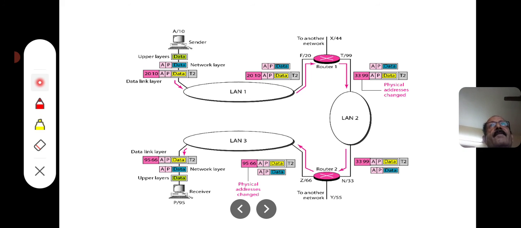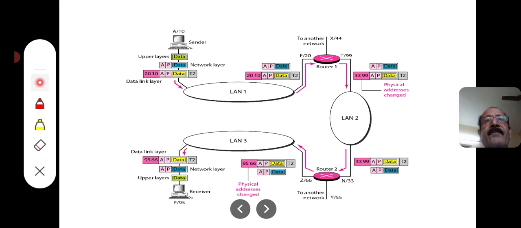Suppose a receiver sends something, some information. In all the things, what we have to change is the physical addresses. We have to interchange. Source address becomes destination, destination becomes source. Swapping of sender and receiver address at each level, right?